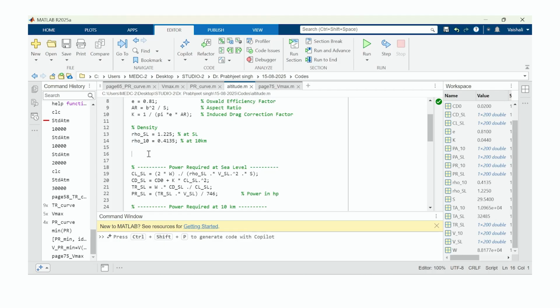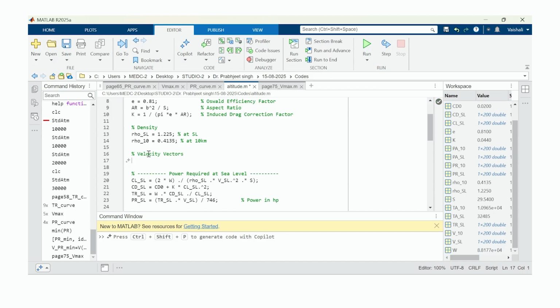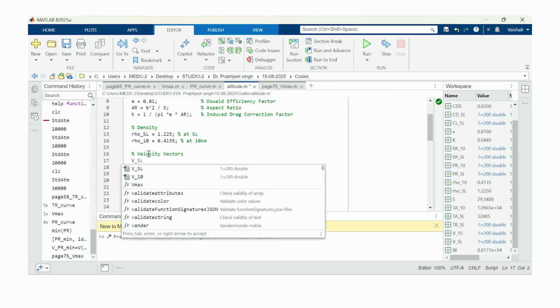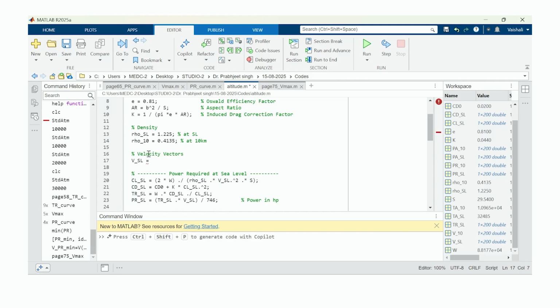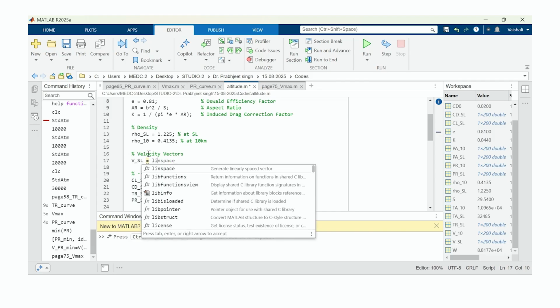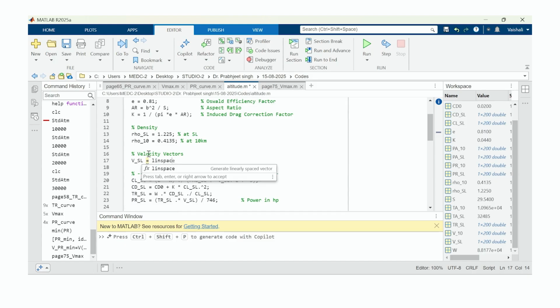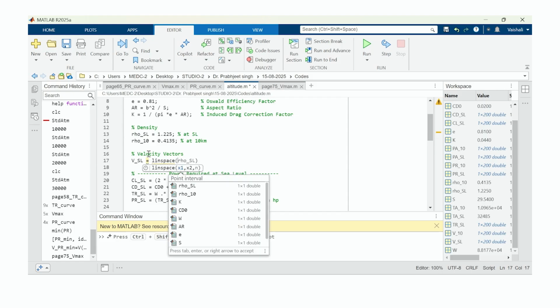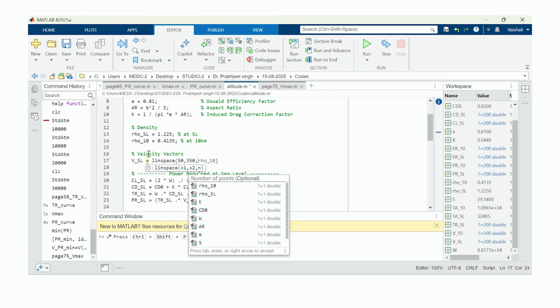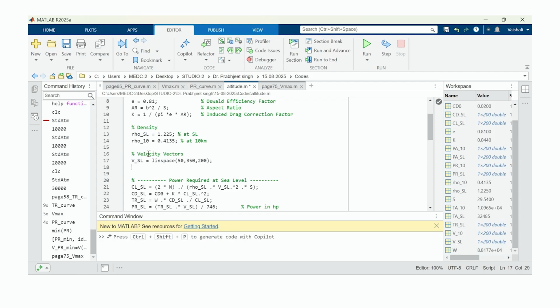Here one point I missed to write, that is the velocity vectors. Let me write down here. Velocity at sea level: let us follow the same command that we have been following up to this session, linspace from 50 to say 350 meters per second with 200 points.